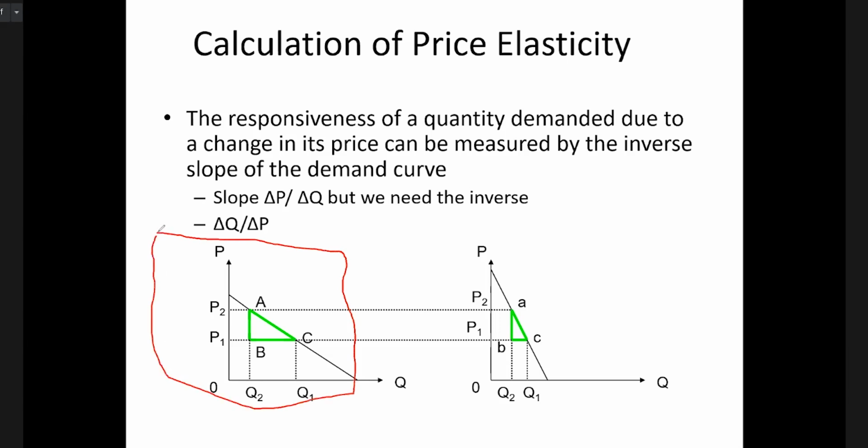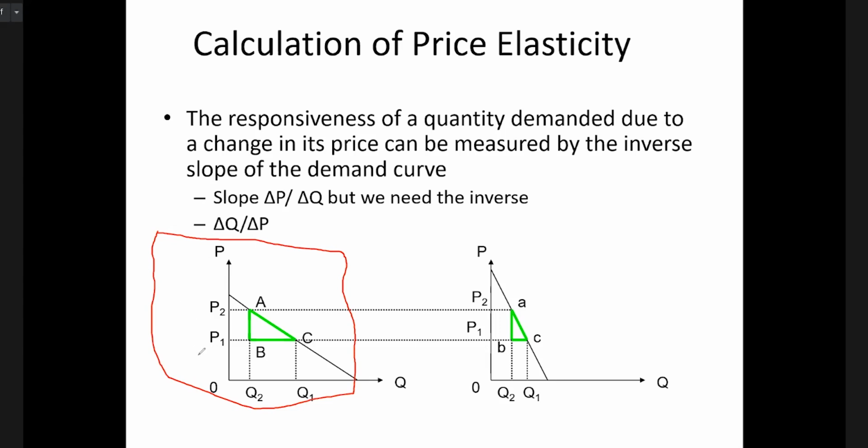only. Right? If we take only this graph, we are having price here, we are having quantity here, and then we have different prices, P1 and P2, and quantities Q2 and Q1. Now we need to get the slope. Since we are interested in inverse of the slope, so we are going to get delta Q by delta P. Right?